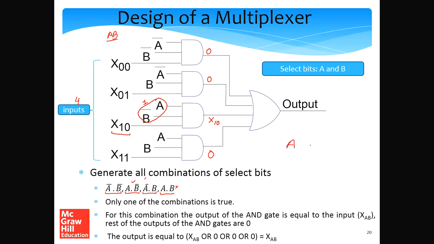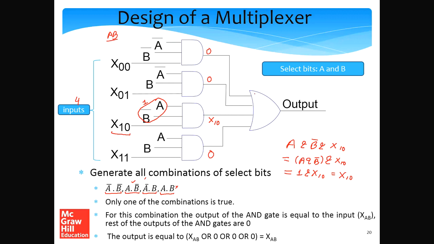It is A and B bar and x10. Since A and B bar in this case is 1, it's 1 and x10, which is equal to x10. So the output here will get reflected on the basis of the input.